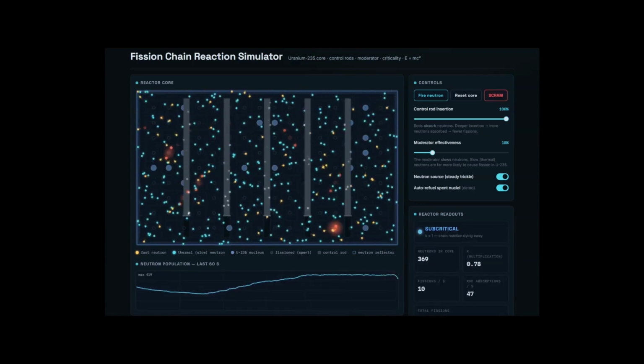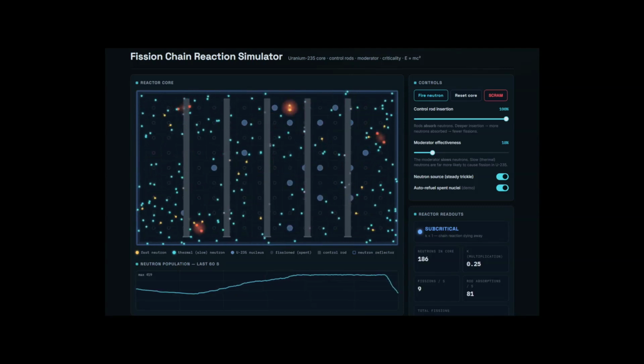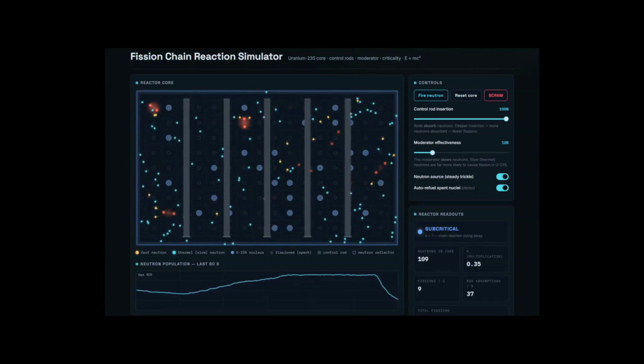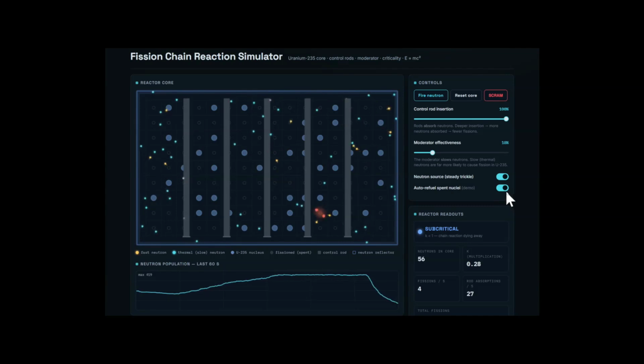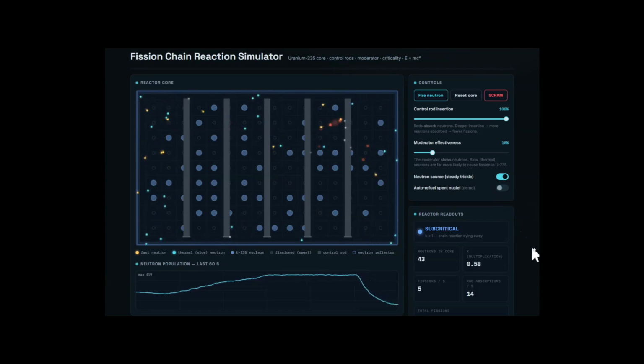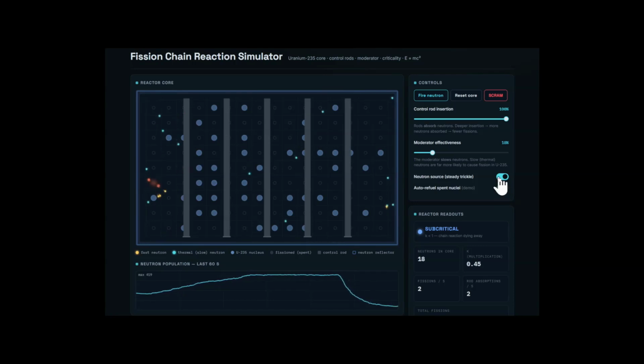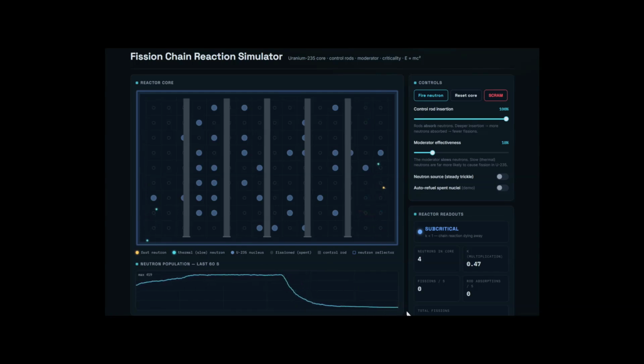We can scram that by pushing down the control rods, which effectively aim to stop the reaction, and we would pull out fuel, and we would stop this sort of neutron source. So we wouldn't be firing neutrons in, and we see that dramatically the reactivity has dropped.